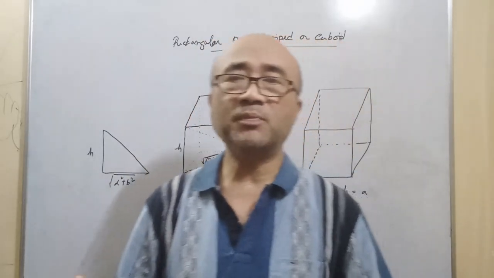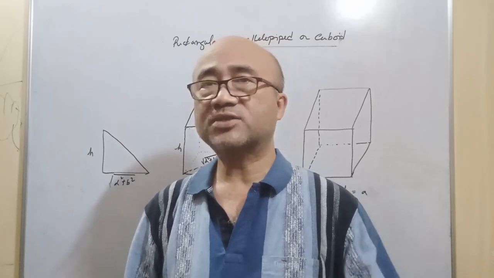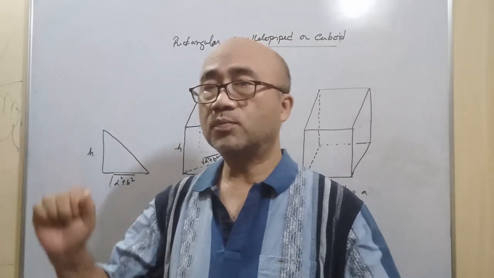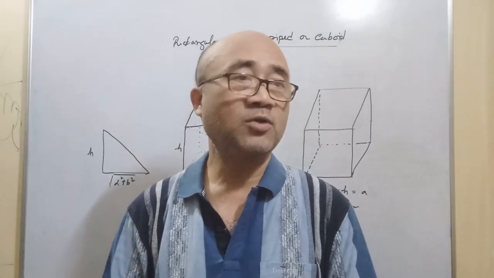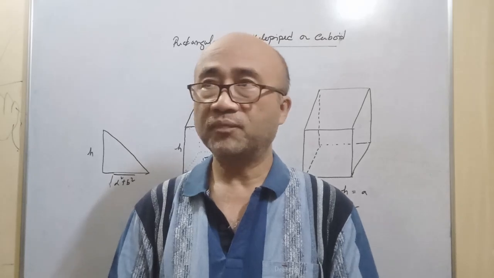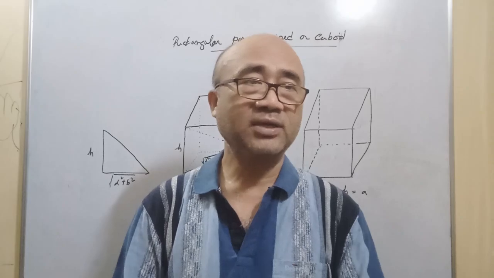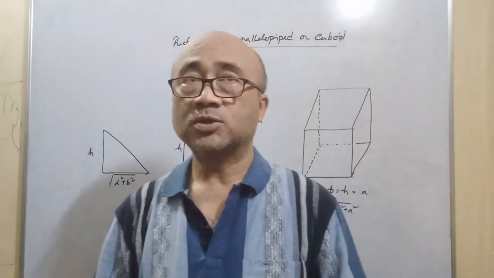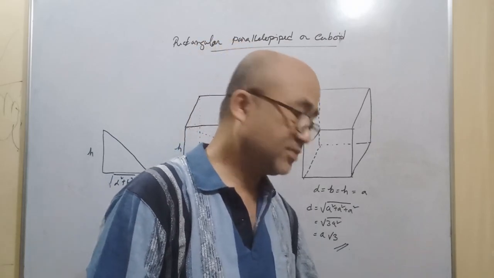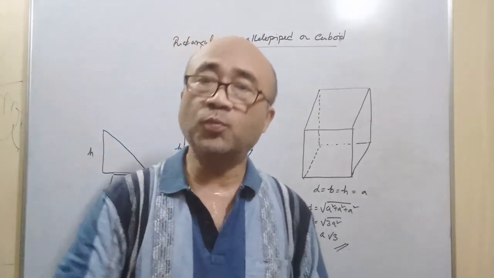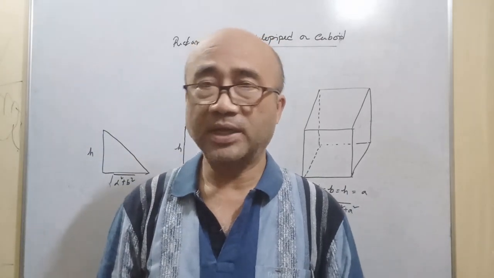Obviously, the maximum length can be obtained by measuring the distance between the two farthest points inside the rectangular parallelepiped. Suppose this room. So the vertex opposite to this vertex gives us two points which are farthest away from each other, right?